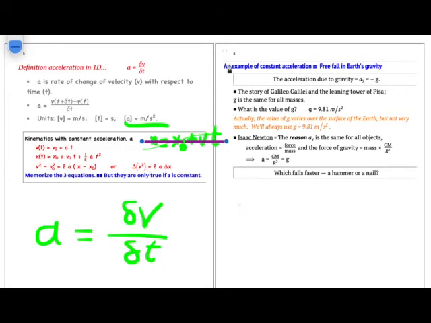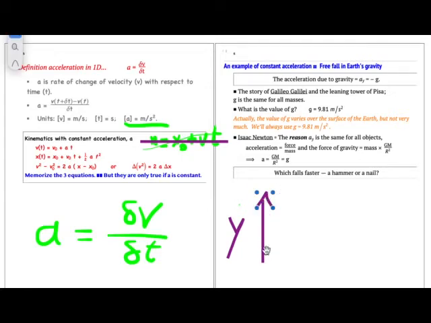Let's consider an example with constant acceleration. And the example is free fall in Earth's gravity. Let's set up a coordinate system. We'll call the coordinate for the vertical direction y. So here's the axis.